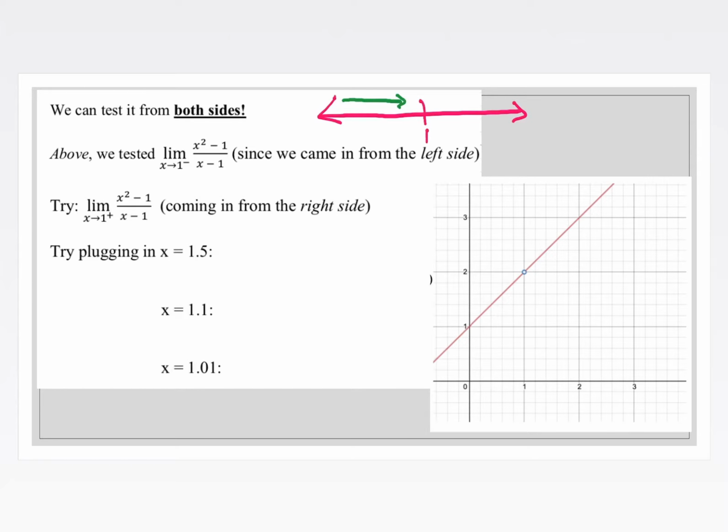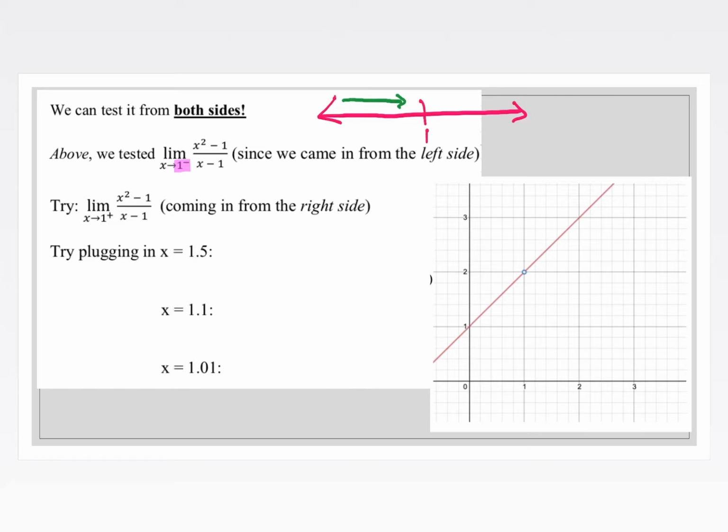So this is called the limit as x approaches 1 from the negative side, or from the left-hand side, of x squared minus 1 over x minus 1. We can also try this from the right-hand side. So the limit as x approaches 1 from the positive side of x squared minus 1 over x minus 1. Let's try that and see what we get.